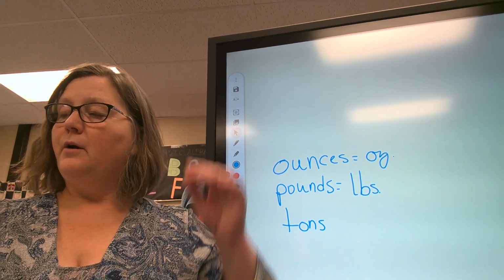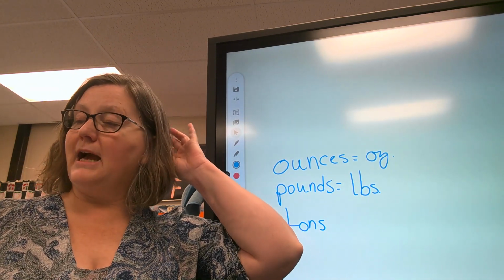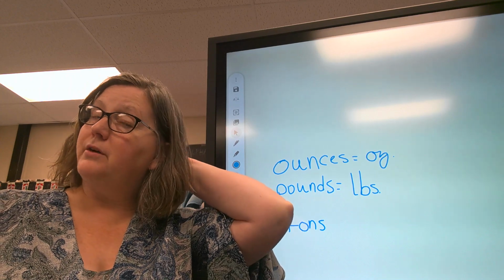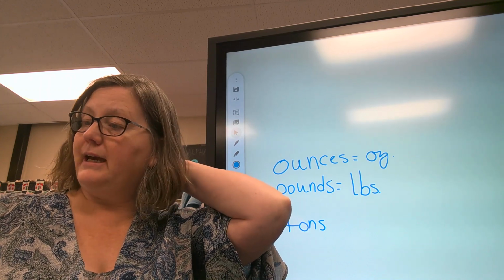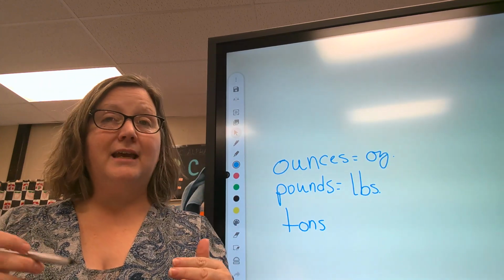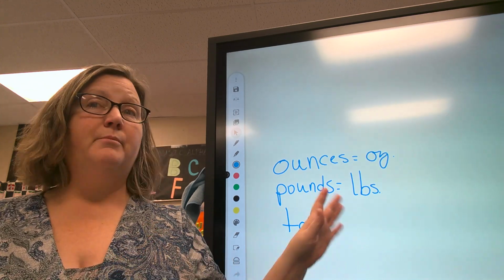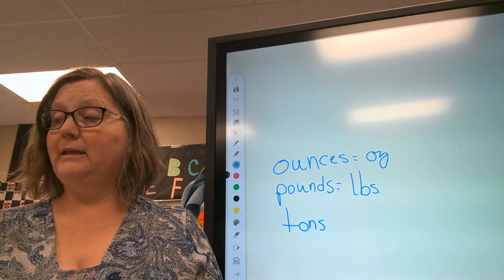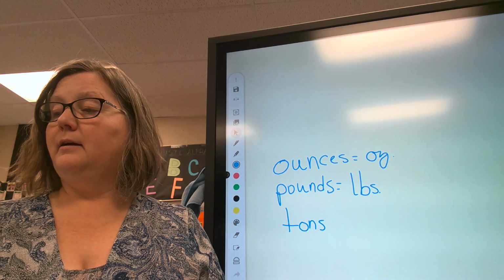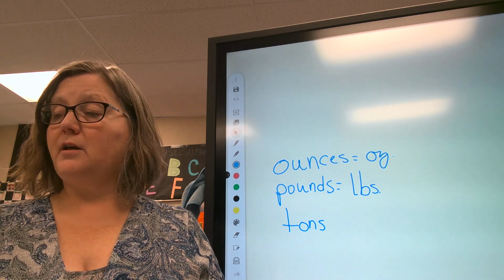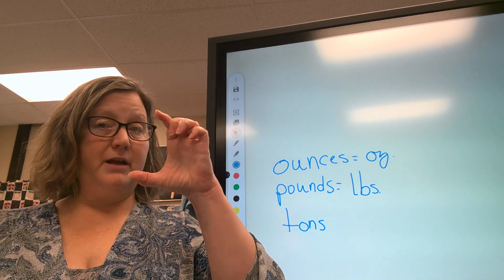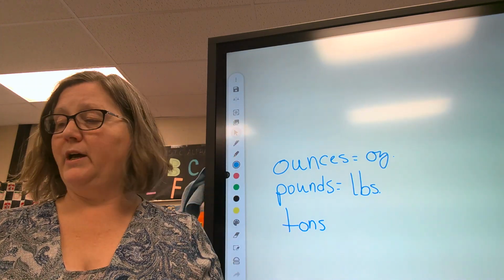Ounces, pounds, and tons. That's in U.S. customary units. Remember in lesson 40, we used ounce to describe an amount of fluid, of liquid. Okay? So ounces can be a measure of liquid, but it can also be a measure of weight. A fluid ounce of water, so the liquid measure of water weighs about 1 ounce.